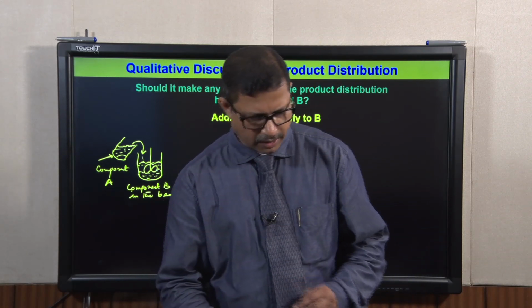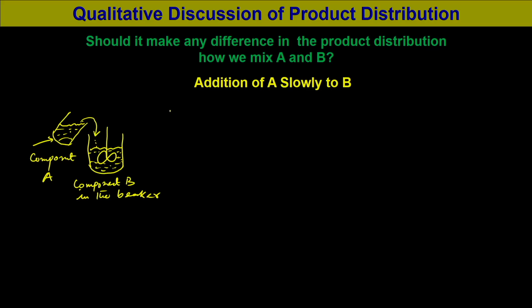So, as per the reaction, A plus B forming R with a rate constant k1. As long as a small bit of A is added to this beaker, this B reacts with A, forms R and the reaction becomes complete.